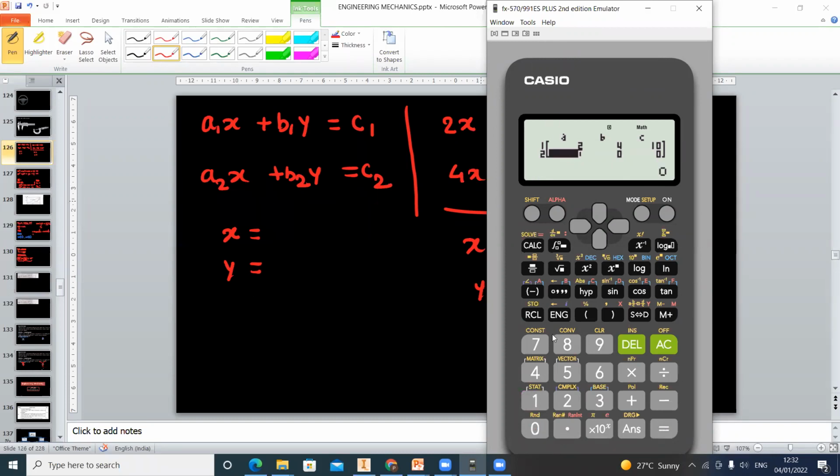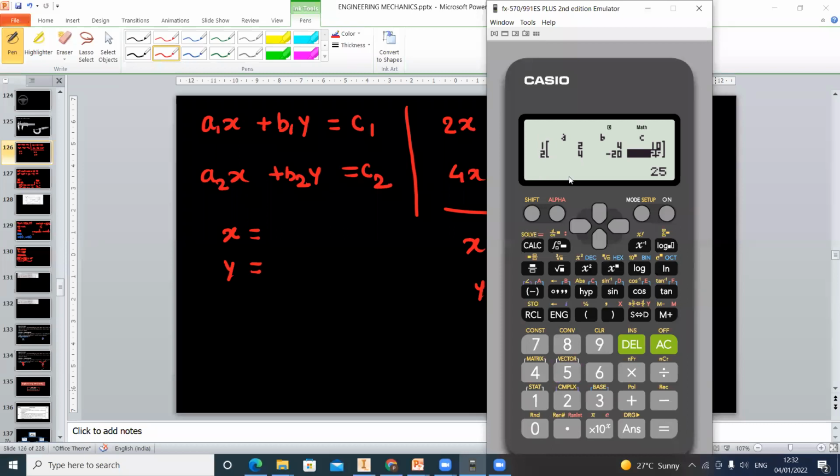The second equation: the first value is 4, which is the a2 value, press equal to. The b2 value is minus, let us take 20, press equal to, and the constant c2 is 25. Press equal to.